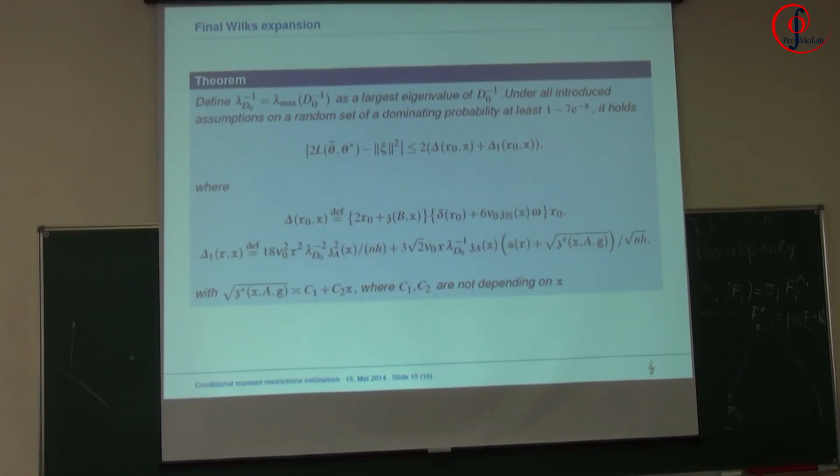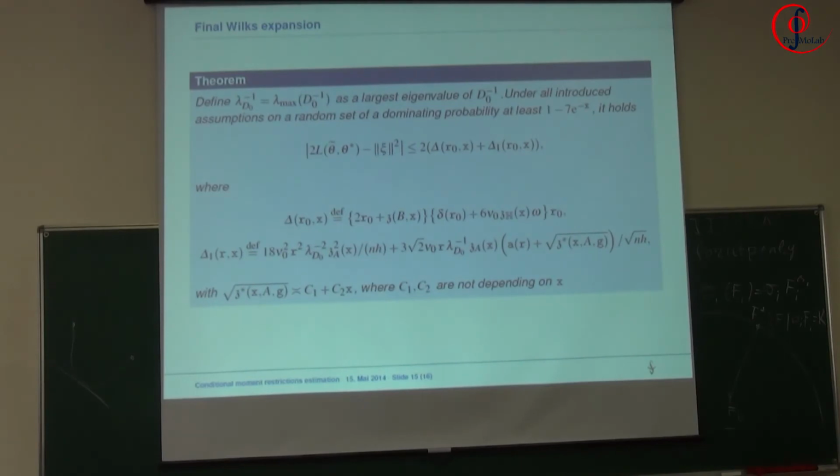So this one is square root p cube over n. This kind of result has the same properties. So this triangle first has the same property as in general Wilks expansion, so p n squared.